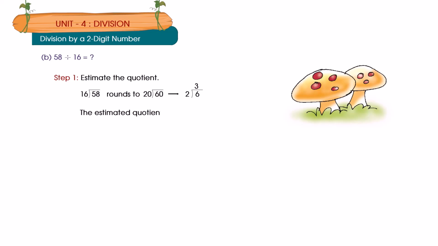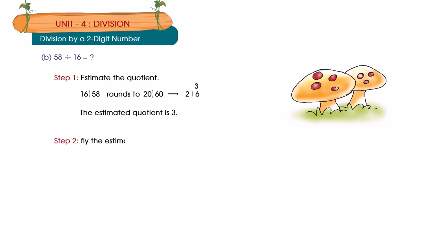B. 58 divided by 16 is equal to how much? Step 1. Estimate the quotient. 58 divided by 16 rounds to 60 divided by 20. Take it as 6 divided by 2. The estimated quotient is 3. Step 2.